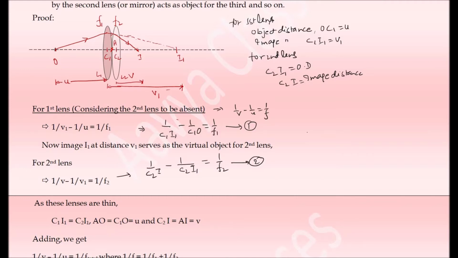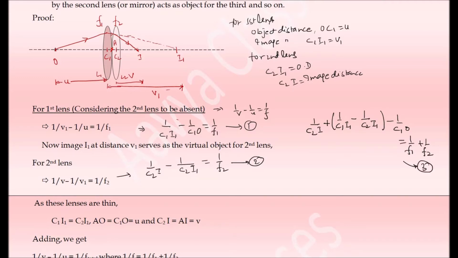If we add these two equations, then what we will get? We will get 1 by C2I plus 1 by C1I1 minus 1 by C2I1 minus 1 by C1O is equal to 1 by f1 plus 1 by f2. So this is our equation 3.